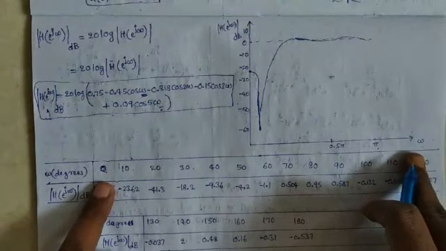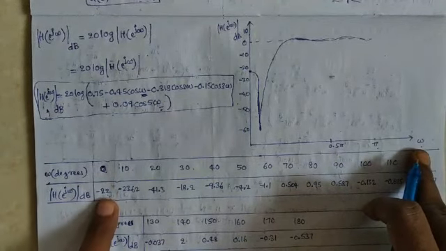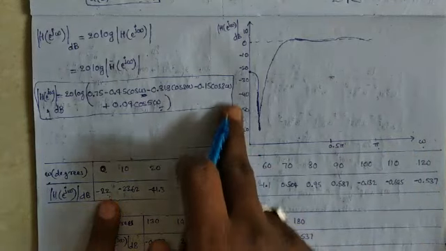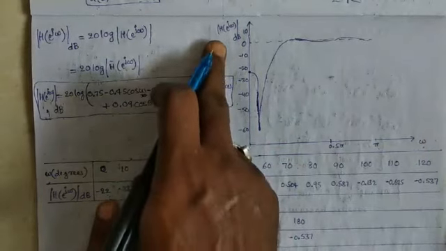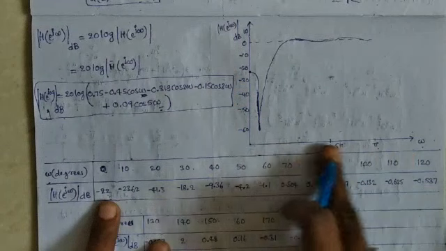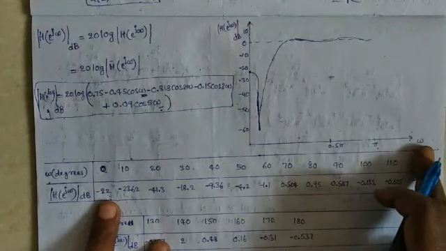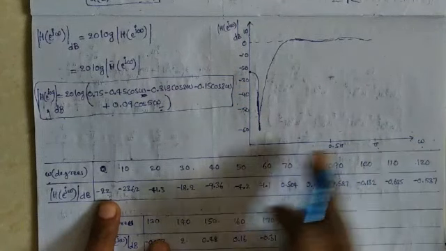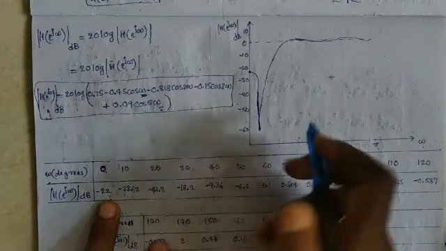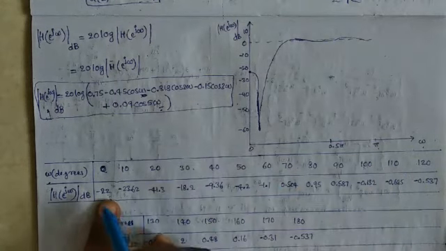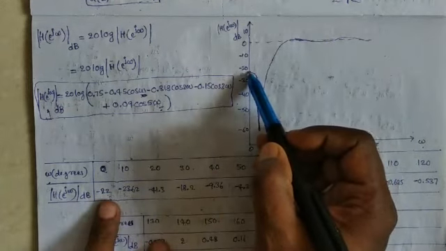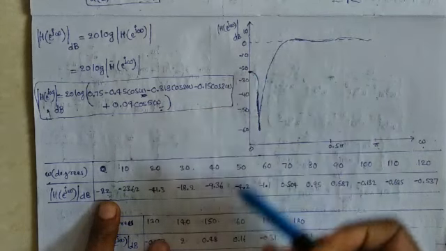At omega equal to 0, what is the decibel magnitude? Minus 22 decibels. On the y-axis we take the decibel magnitude, and on the x-axis the frequency in degrees. At omega equal to 0 degrees the value is minus 22.